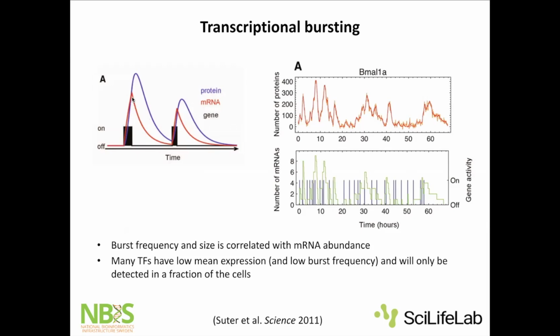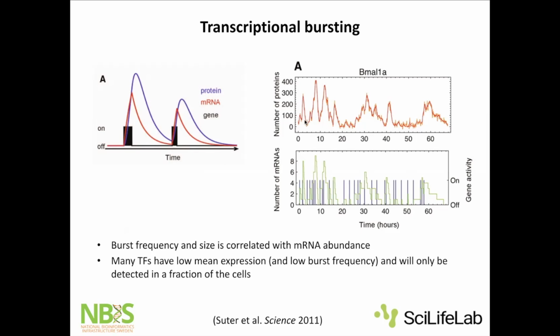And then later on, that mRNA will be translated into protein. But then the gene is turned off and slowly the mRNA is degraded. Often more slowly, the protein is degraded. And we get this sort of pattern of on and off.